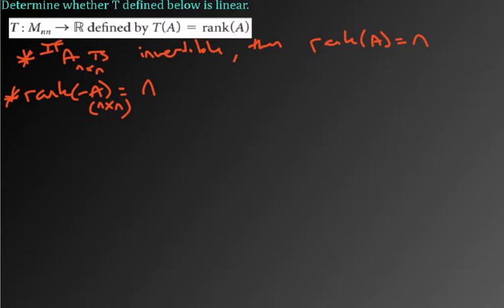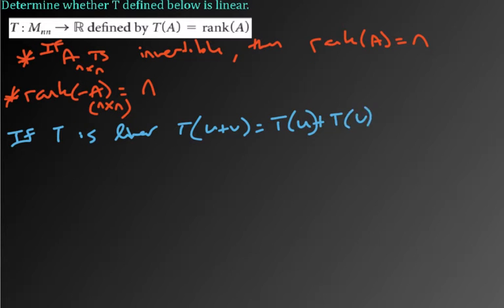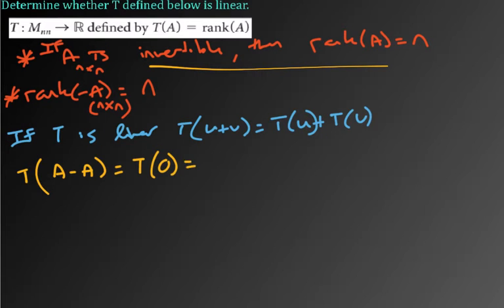So we know that if T is linear, T of u plus v should equal T of u plus T of v. But notice if we do this here, using this rank n matrix A, T of A minus A would equal T of 0, which equals 0, the zero matrix.